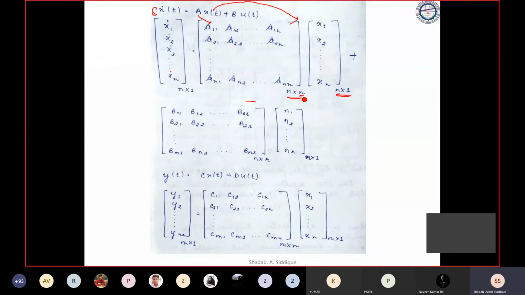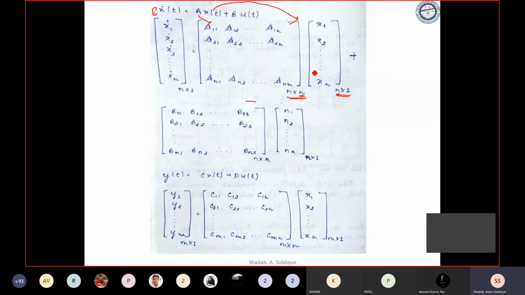Using matrix multiplication, this n should match. Okay, so ये match करना चाहिए. After row to column multiplication, we'll get an n cross 1 matrix. Similarly, we have B, and we have U1, U2 up to UR. This is an R cross 1 matrix.